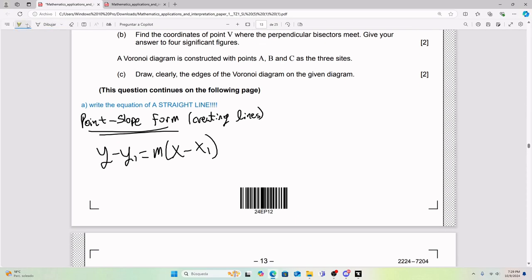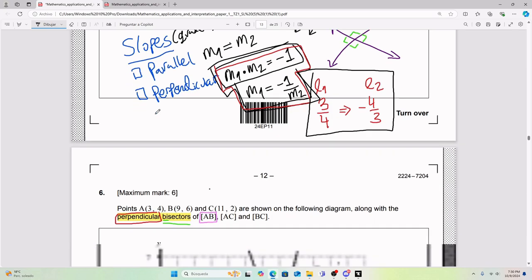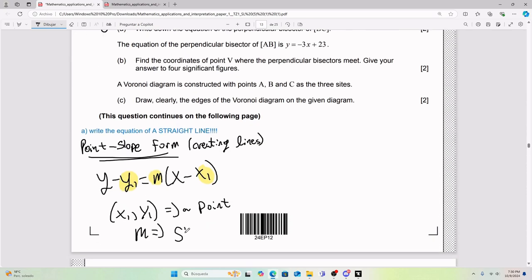All you really need to fill in is what I'm putting now in yellow: y1, x1, and m. What the heck is x1, y1? x1, y1 is quite literally just a point, a set of coordinates. While m, as I introduced a little bit earlier, is a slope.